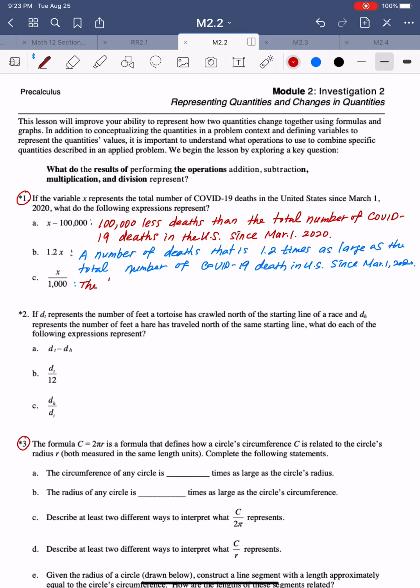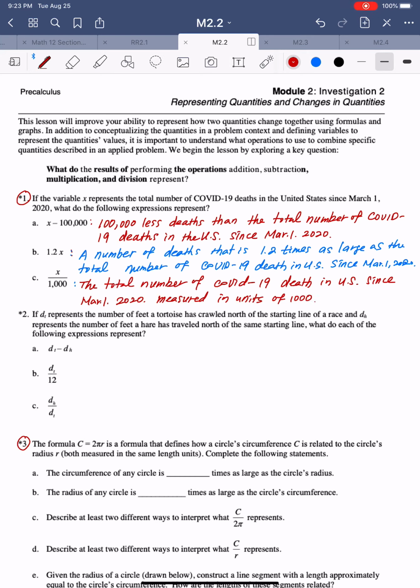So the total number of COVID-19 deaths in the U.S., of course since March 1st, 2020, measured in units of 1,000.